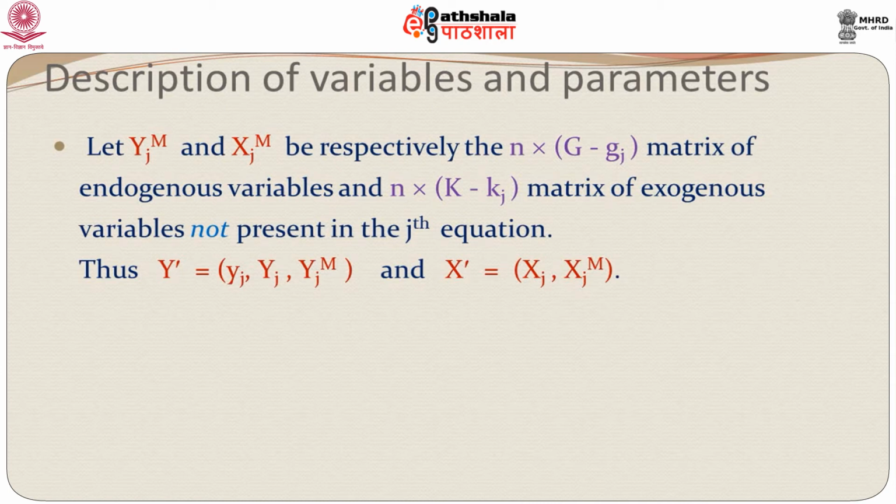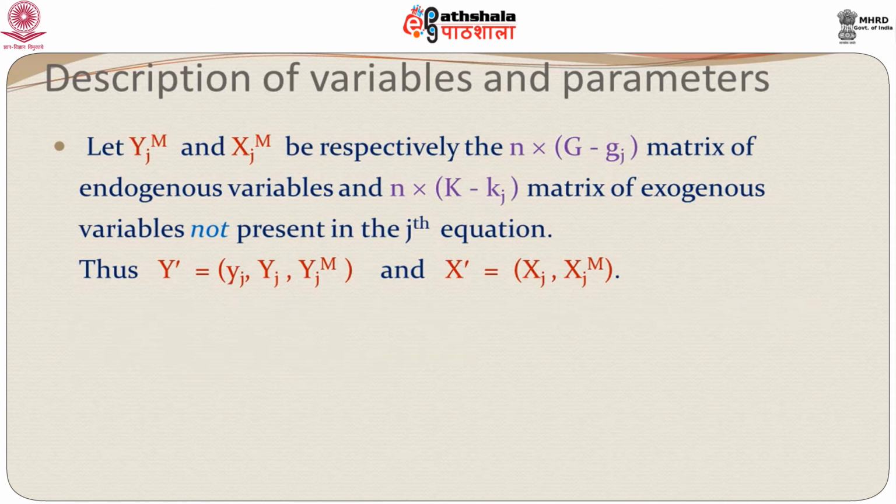The other is the capital Yj, which are the endogenous variables in the jth equation besides the response, and Yjm are the g minus gj endogenous variables which are not in the jth equation. Similarly, we can split x into 2 components, xj and xjm. Xj is those exogenous variables which are there in the jth equation, and xjm are the exogenous variables which are not in the jth equation.